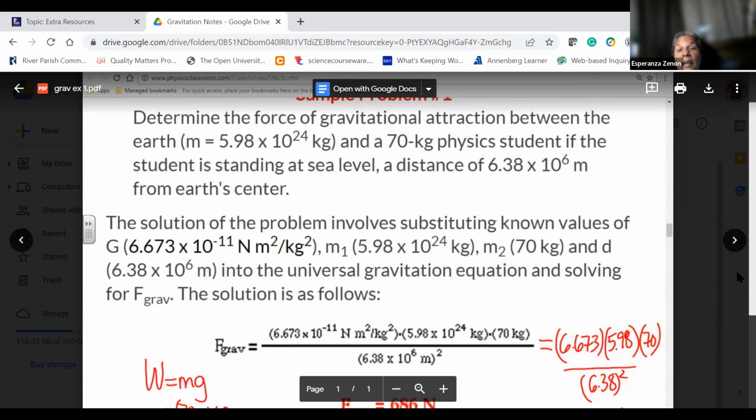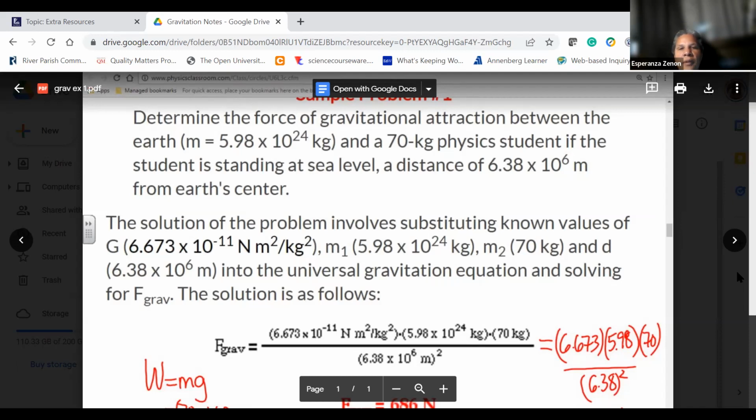Okay, we know that's not Louisiana because for the most part, we're below sea level here, right? So at sea level, the distance is measured from the center of the Earth to the center of the student. And since the student is so small compared to the Earth, we just use the radius of the Earth, which is 6.38 times 10 to the 6 meters.